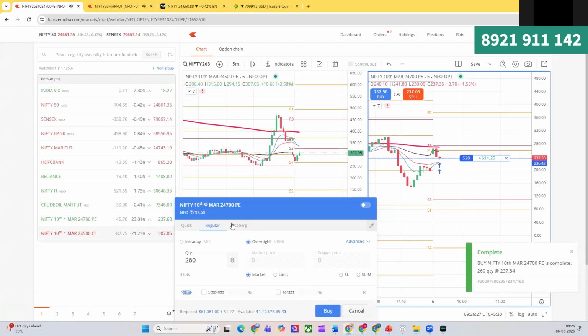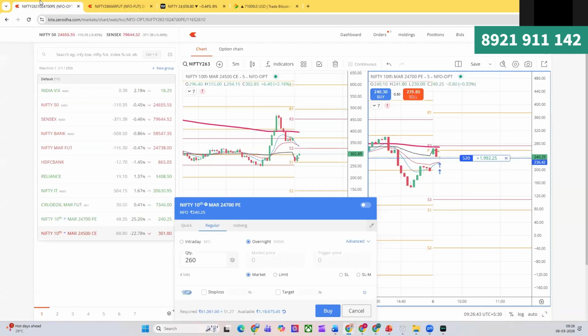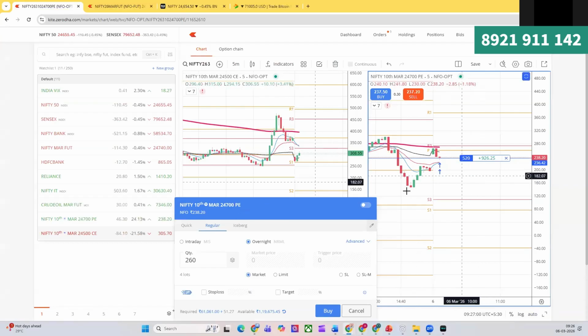Added more at 237. Yeah, if I would have got it at this level, it could have gone at a better price. But now since it's coming down, I've added at a higher price, 237.